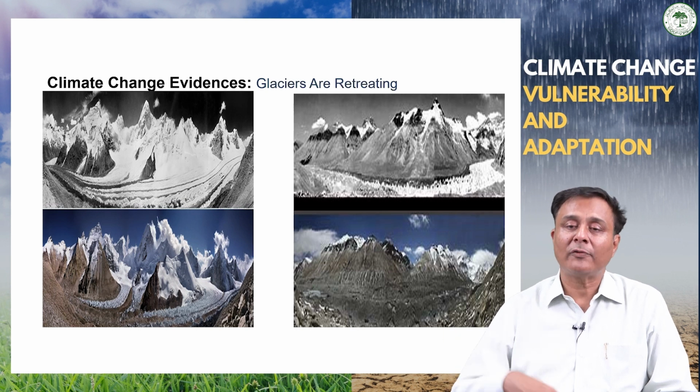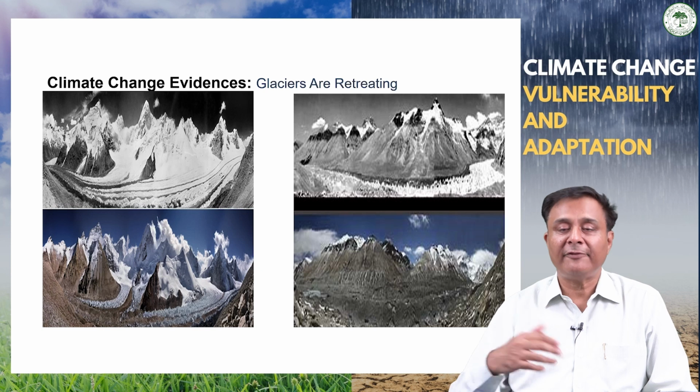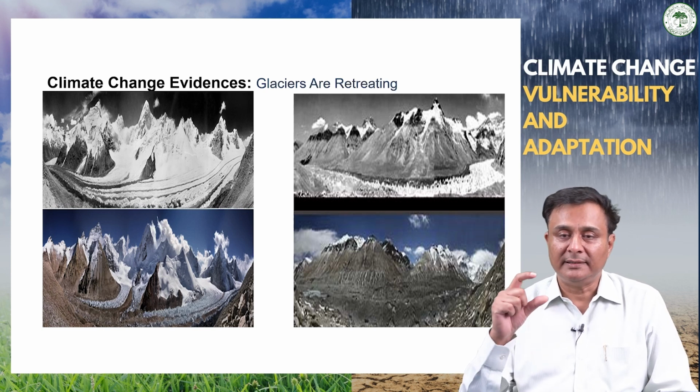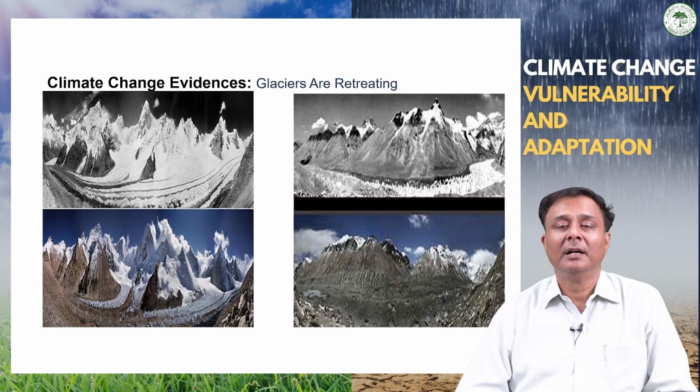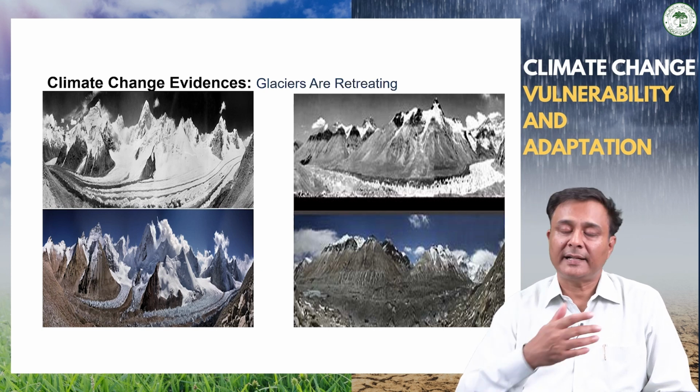We are consuming more water and the water supply from these glaciers is being reduced because of the thinning of the glaciers on these Himalayan mountains and elsewhere also.